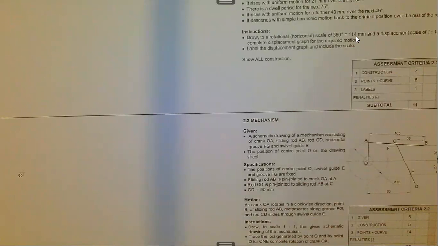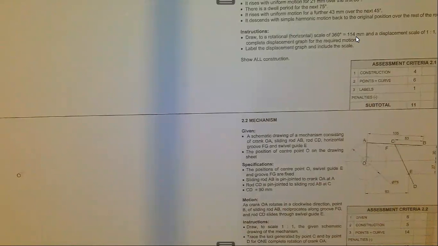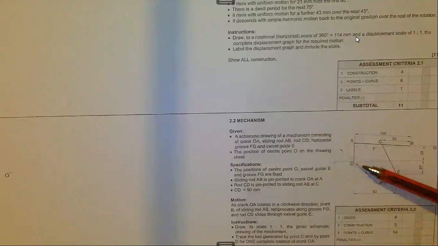Sliding rod AB is pin jointed to crank OA. When something is pin jointed, it allows movement, but at the same time, you cannot separate the point. Just imagine you are looking at your arm, which is pin jointed at your shoulder.